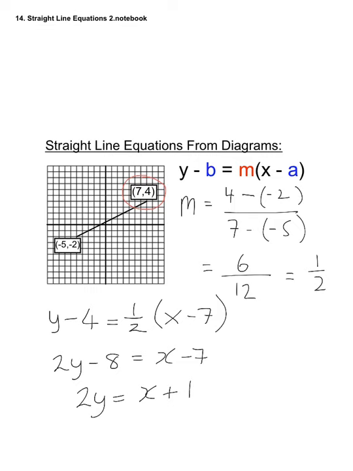And then if I divide through by 2, I get my final answer of y is equal to 1 over 2x plus on 1 over 2. Now I have the formula in terms of y equals mx plus c, my gradient is 1/2, and my y-intercept is 1/2 as well. Okay, so that's my final answer.